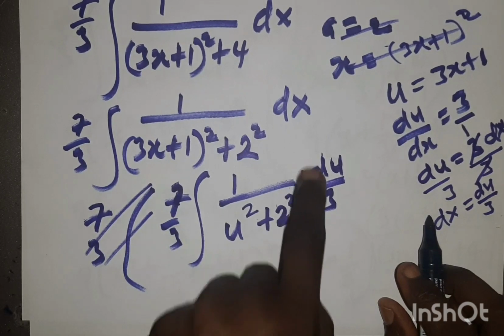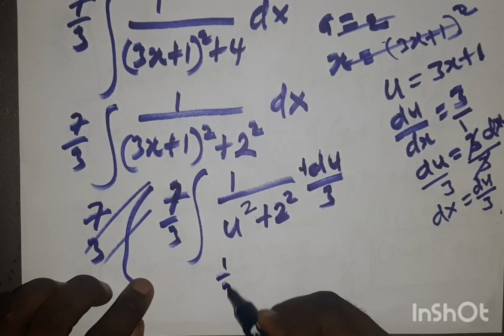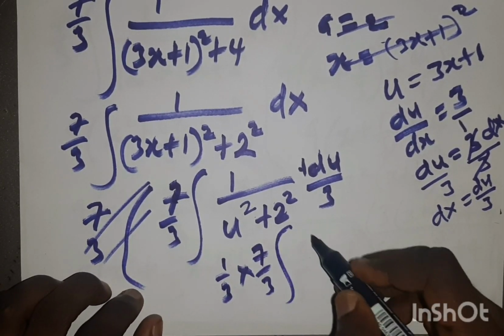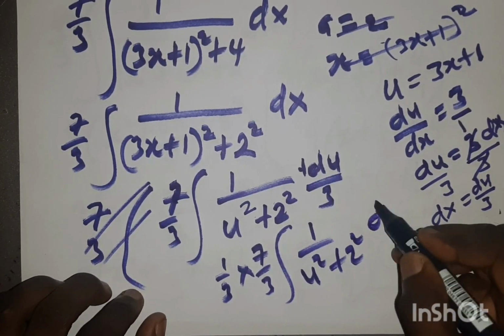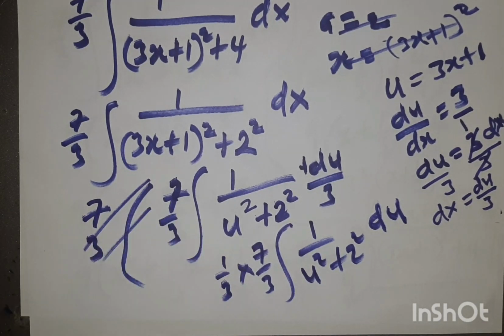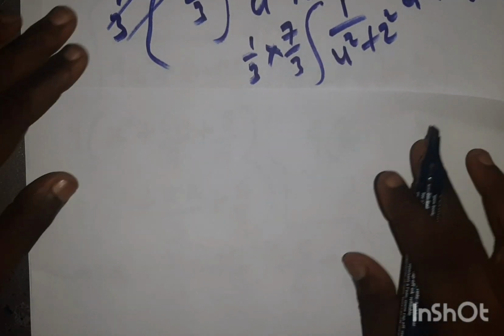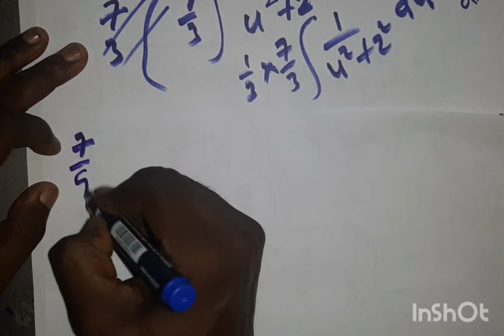Then pulling the 1 over 3 out, I have 1 over 3 times the 7 over 3 outside, and then the integral of 1 over u squared plus 2 squared, then the du. So this will now be 1 times 7, 7 over 9.